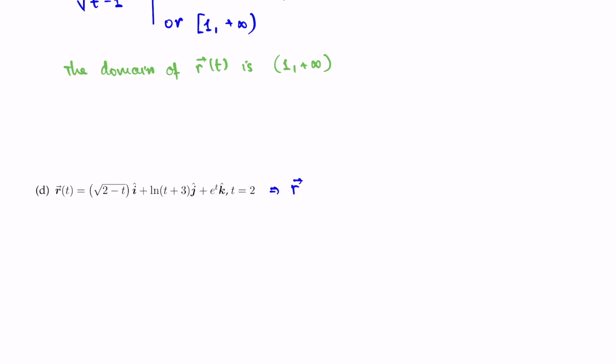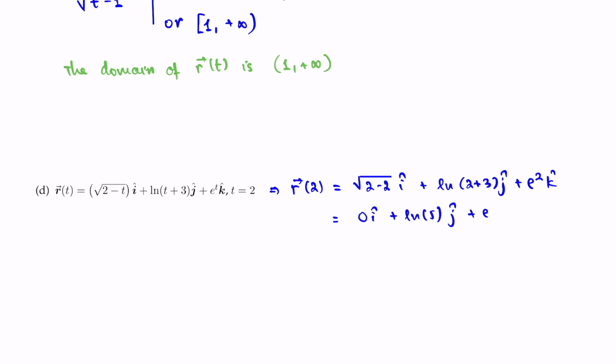You get r of 2 is equal to square root of 2 minus 2 i plus ln of 2 plus 3 j plus e to the 2 k. So you get 0 i plus ln of 5 j plus e squared k, or you can write this in component form as 0, ln of 5, e squared.